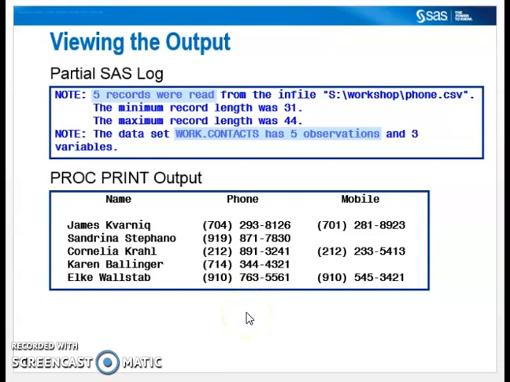When we view the output, the partial SAS log shows 5 records were read, and we have 5 observations and 3 variables. This means that the second and fourth observations will have a missing value for the mobile variable.